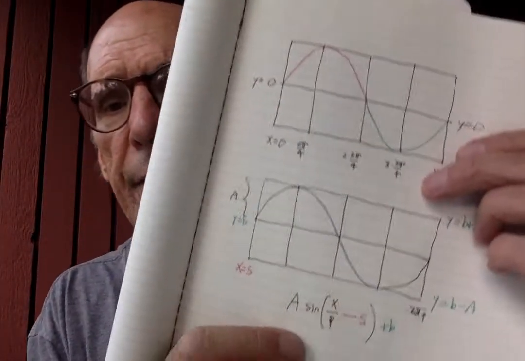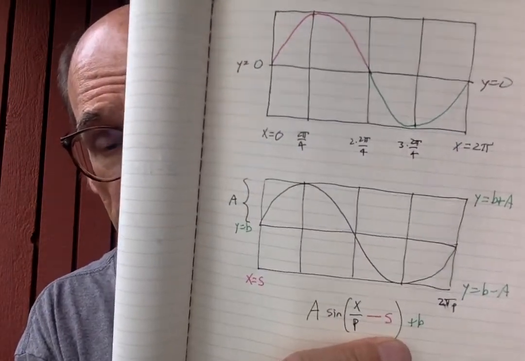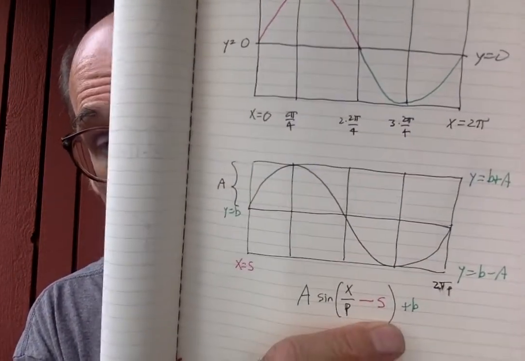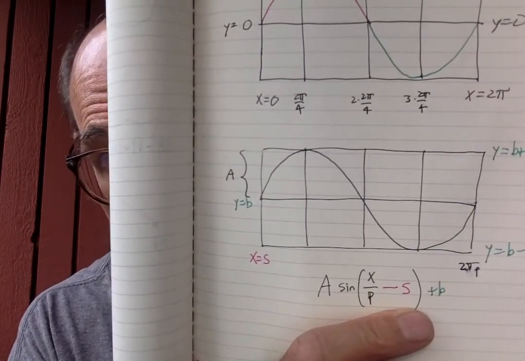And so this is where y equals b. So let me label a couple more of these. And so here's this complicated sine function. It's been shrunk, it's been shifted, it's been shrunk again, it's been shifted again. The shape doesn't change, what changes is how you label things.